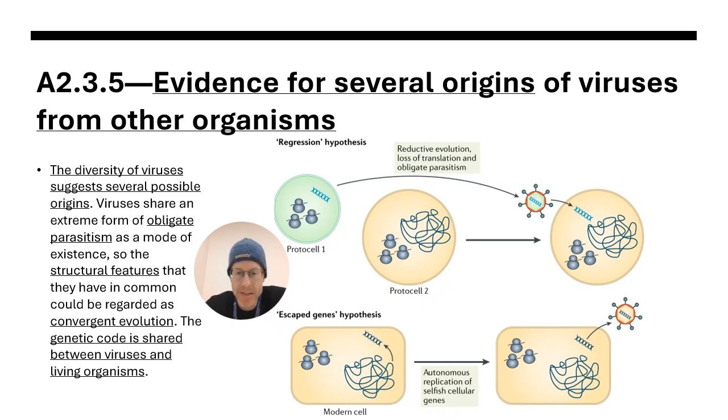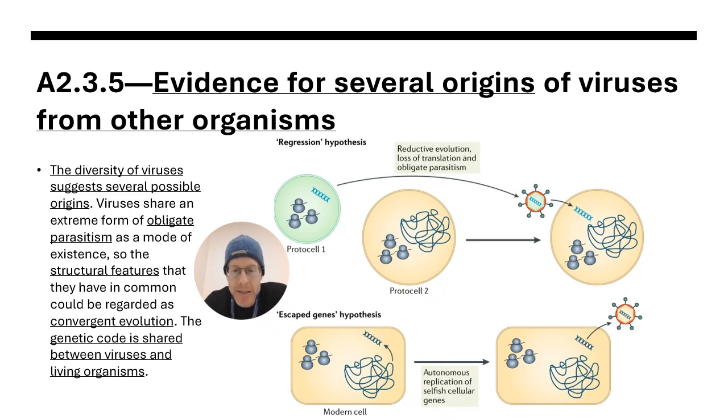For example, maybe a cell lost its ability to replicate its genetic material. And then those regressed cells essentially became parasites of other cells, using other cells to do the things they couldn't do. And so they evolved into viruses. And maybe that was a more successful way of replicating, and so it was selected for, and those viruses that did that increased over time.